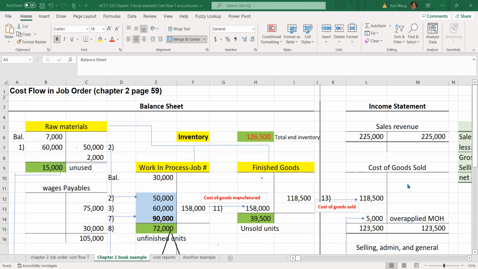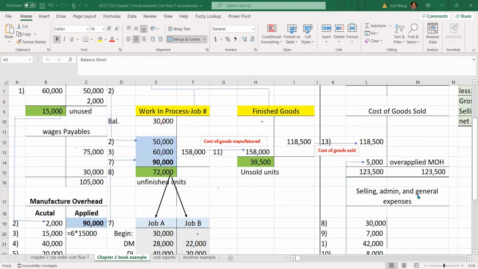And in the income statement, you see the product cost or manufacturing cost, and this is labeled as the cost of goods sold. After the cost of goods sold, you also can see all of the period expenses or period costs, including the total selling expense, admin expenses, and other general expenses.